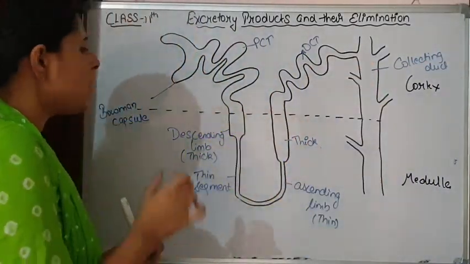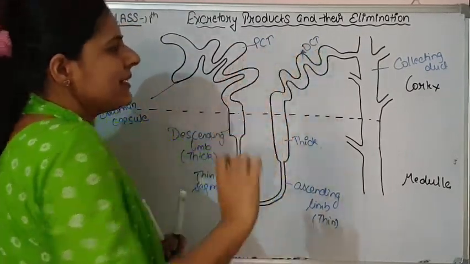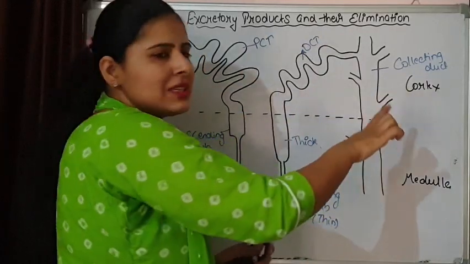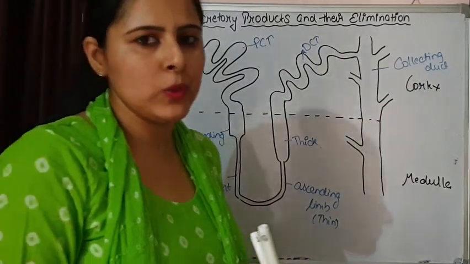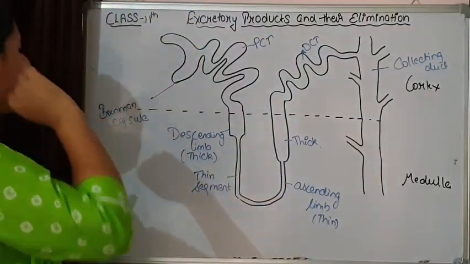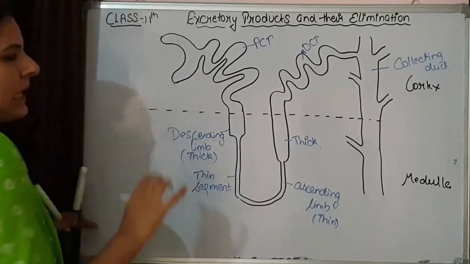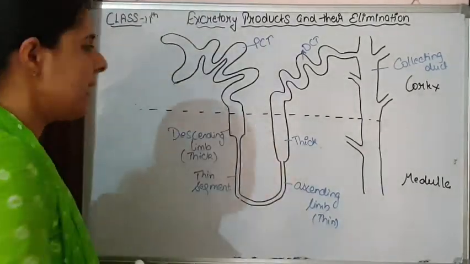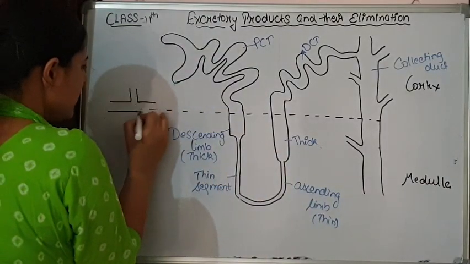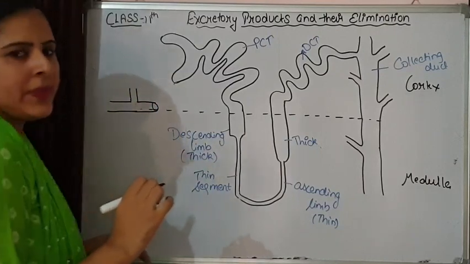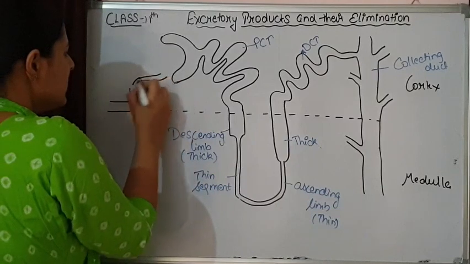Now if we talk about the blood supply, this is how the nephron is present. These two regions, the PCT and DCT, are going to lie in the cortex region, and the loop of Henle is going to lie in the medullary region. Now for the blood supply, the dorsal aorta is going to carry the blood and give rise to the renal artery, and from the renal artery, arterioles are going to move.